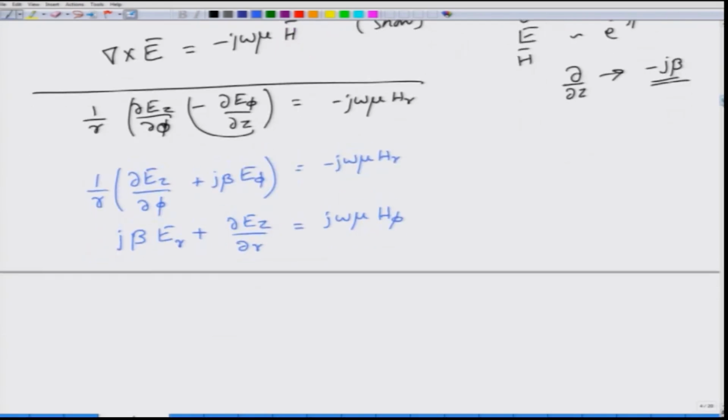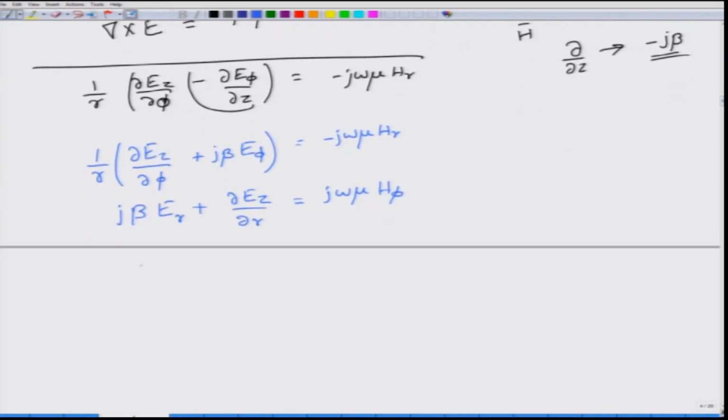And then you have the third equation, which is the Z component. You get 1 by R del by del R, R E phi minus del ER by del phi. This should be equal to minus j omega mu Hz. You are not lucky enough to replace del Ez by del R or del Ez by del phi. Well, that is life, you do not get everything that you want.